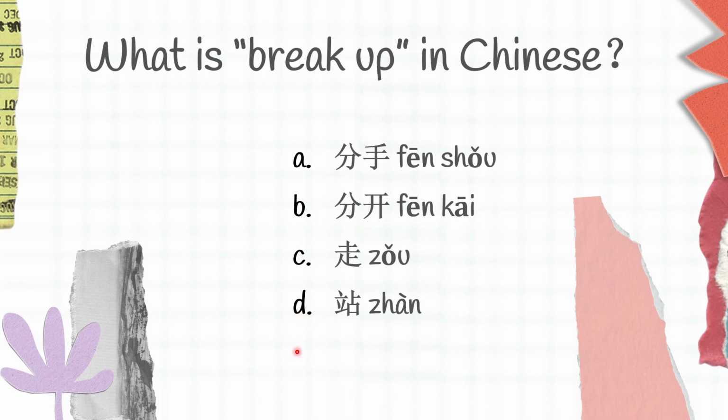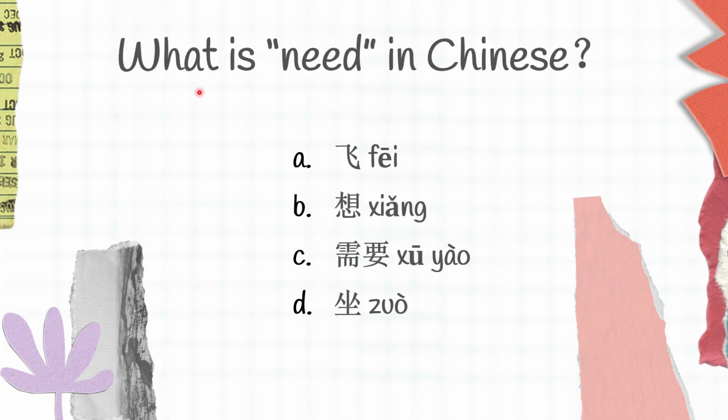So please try to guess first. 分手 is break up, 分开 is separate, 走 is walk, 站 is stand up. So break up in Chinese is A, 分手.